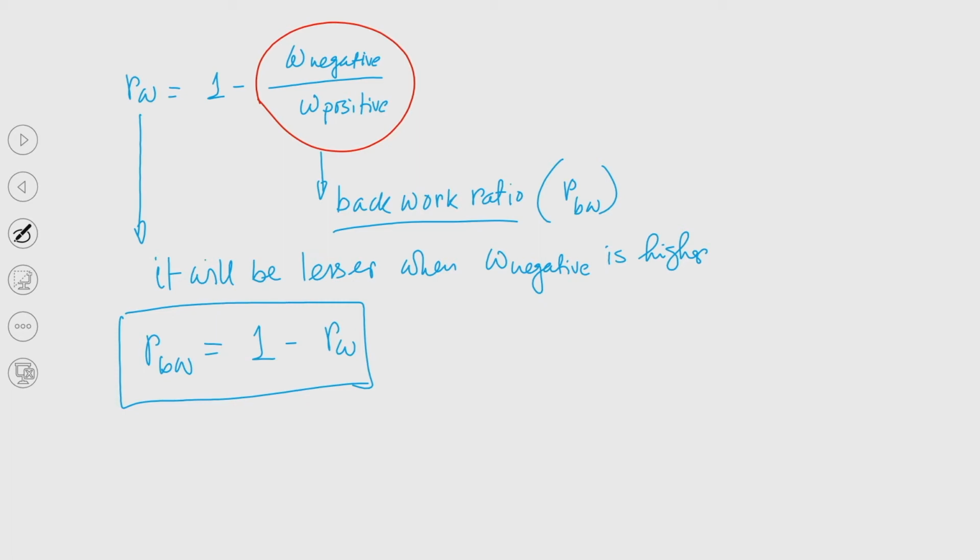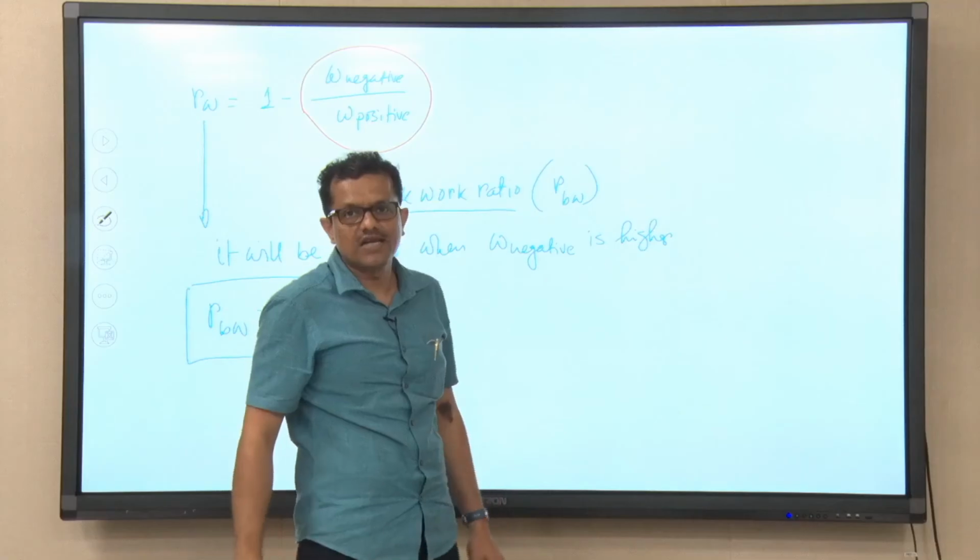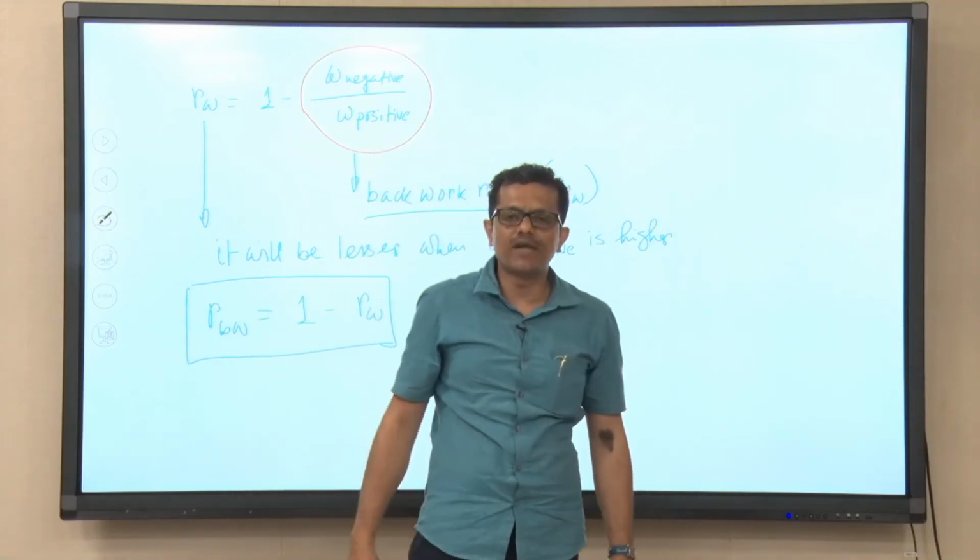If this amount is a significant part of the positive work, the work ratio will be less. If this becomes higher, the work ratio will be less and the back work ratio will be high. That is quite obvious. If the work ratio is less, the efficiency of the plant will be lesser.